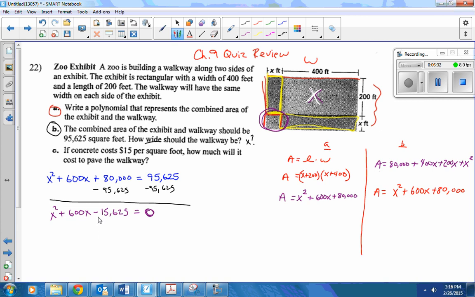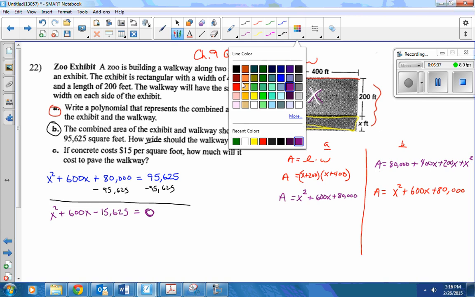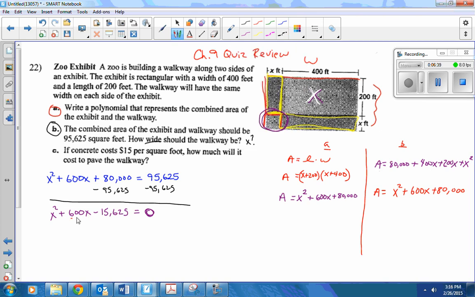So when I look at it, I see two really big numbers, 600 and 15,625. I need to find which two factors will add up to make 600 and will multiply to make negative 15,625.